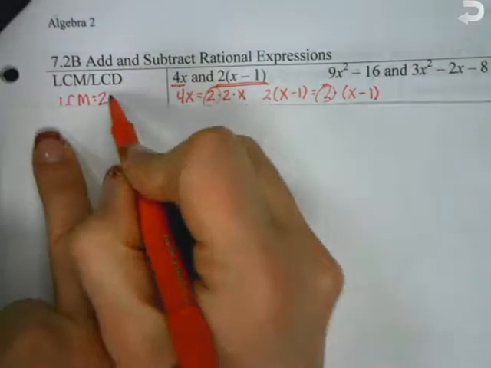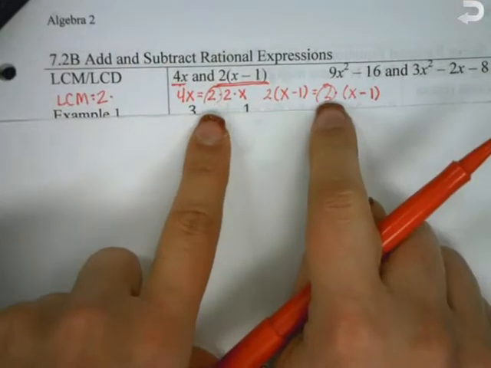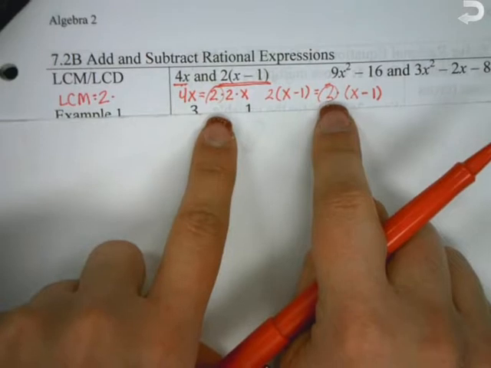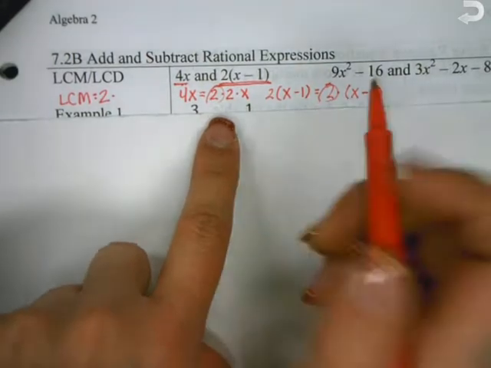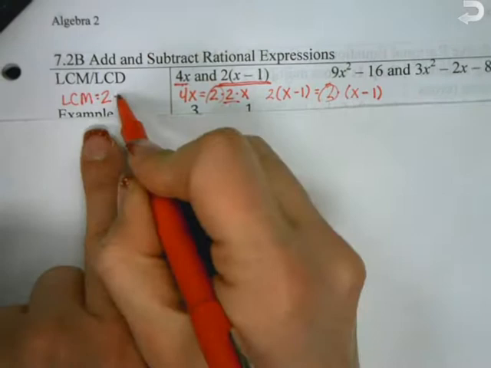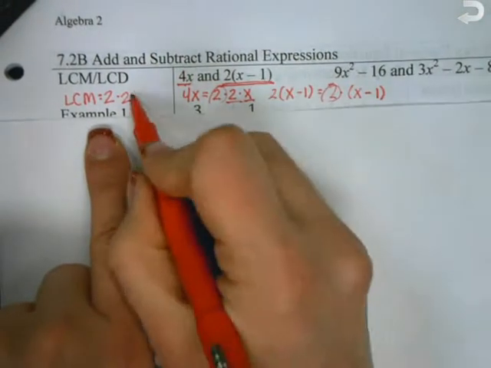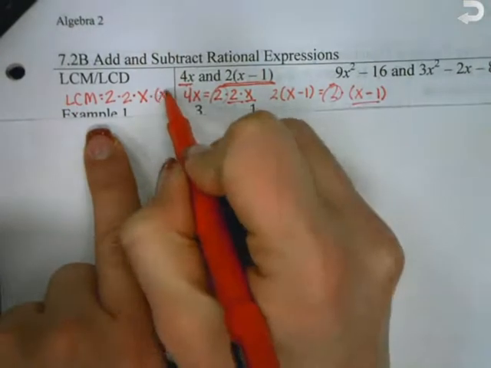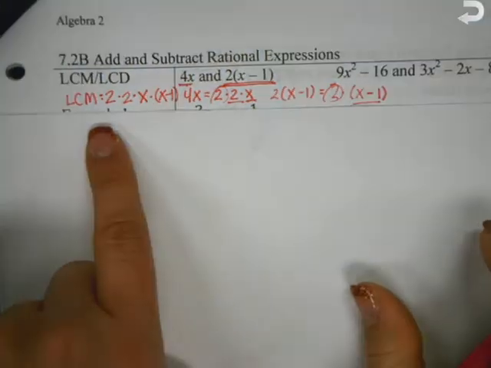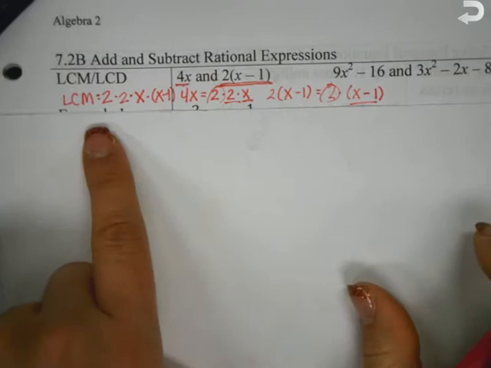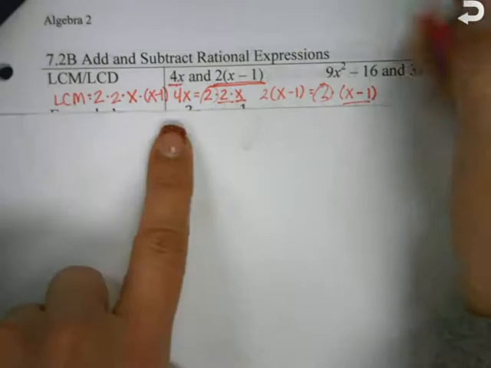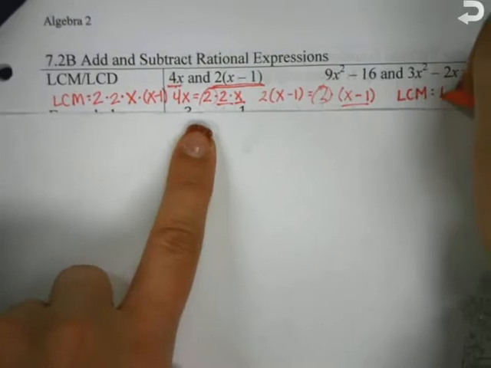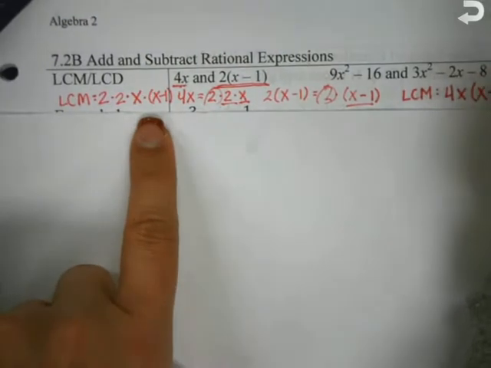But remember, because they're circled, I only have to include them once. And then I have to include all of the uncommon factors. So I have to include this other 2 and this x, as well as this x minus 1. So in this case, what would the LCM be? 4x times x minus 1.